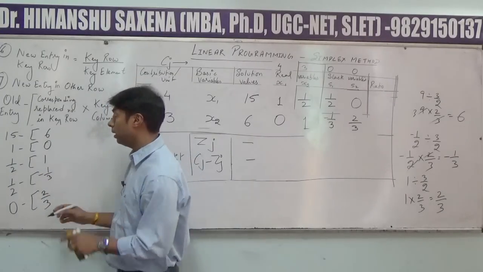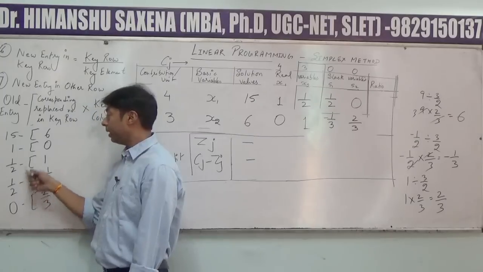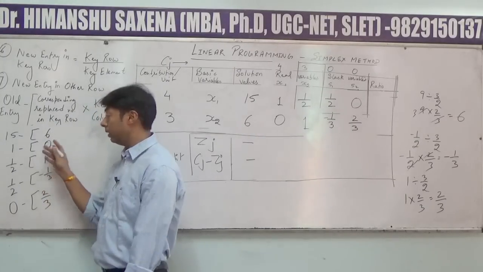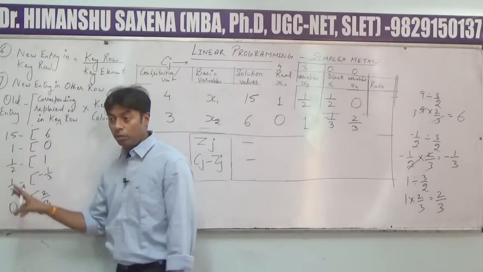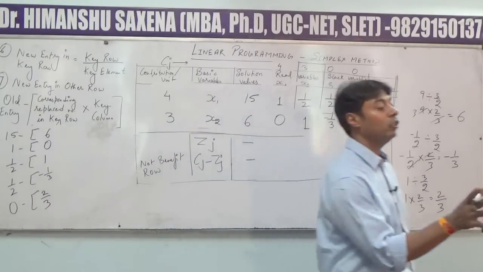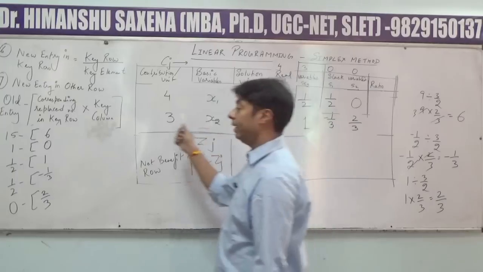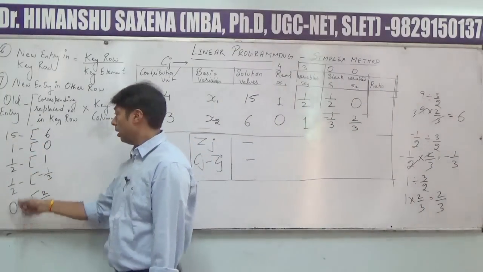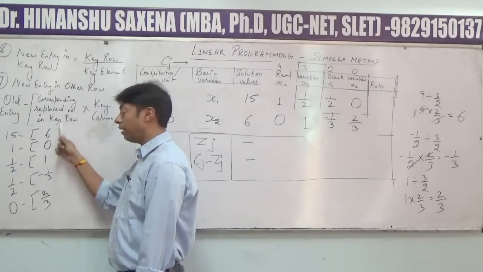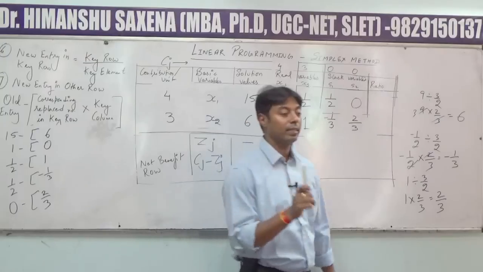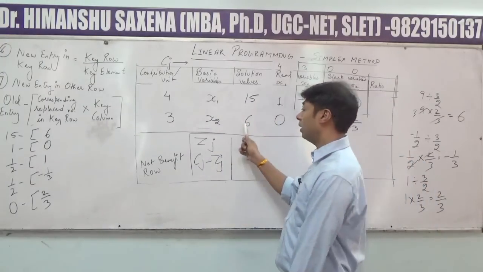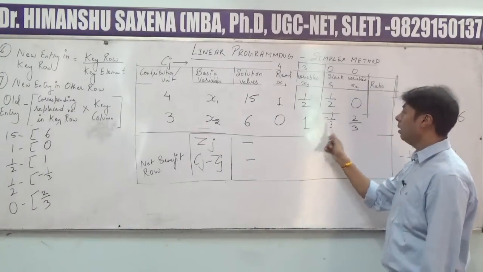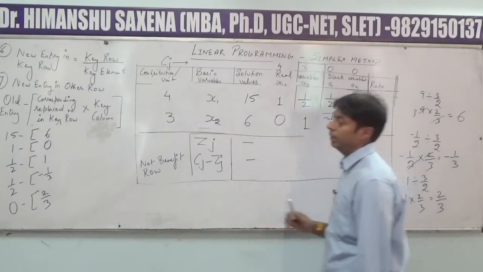I repeat, what have we done? Old row minus new row. Right? This will sound very, very simple. Old row minus new row. All the old entries, we have taken them down. Now we have just put all these values which have been replaced recently: 6, 0, 1, minus 1 by 3 and 2 by 3.